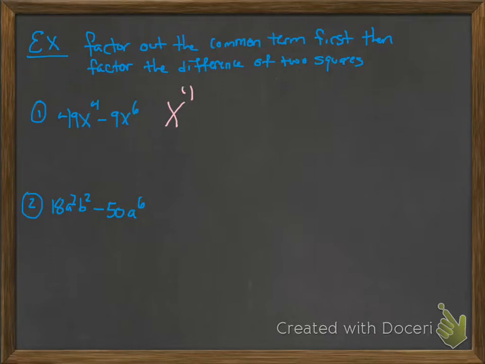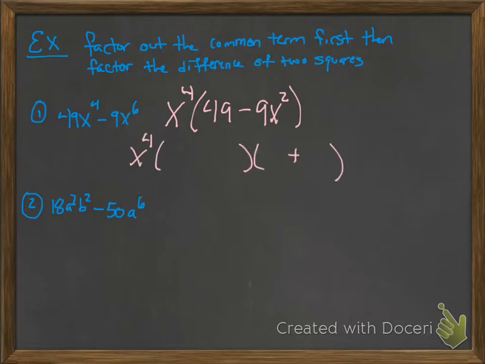So if I take x to the 4th out, I'm left with 49 minus 9x squared. So then I have x to the 4th, parentheses, plus and minus, the order doesn't matter. So I took the square root of that, which is 7. And then this is going to be 3x and 3x.